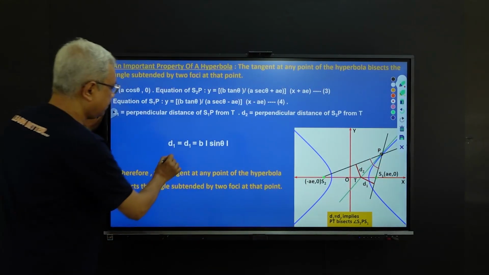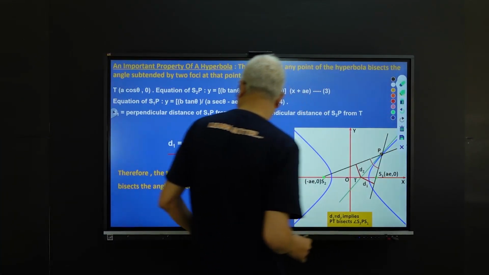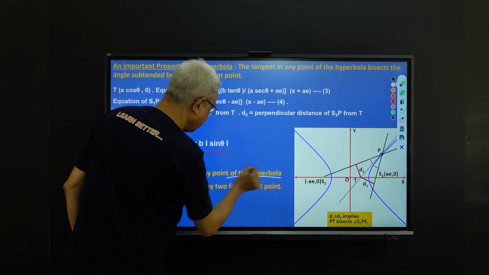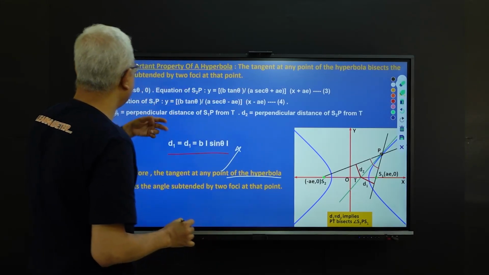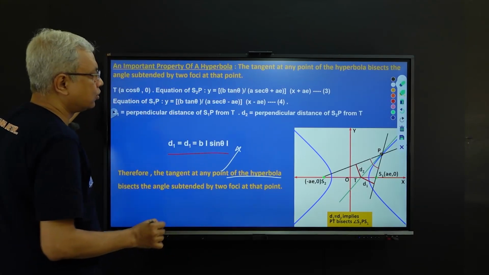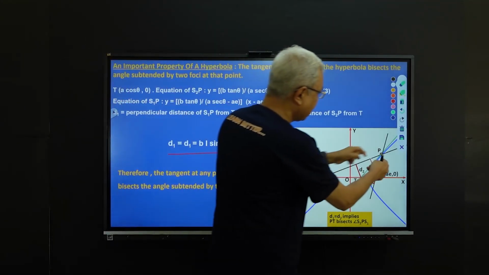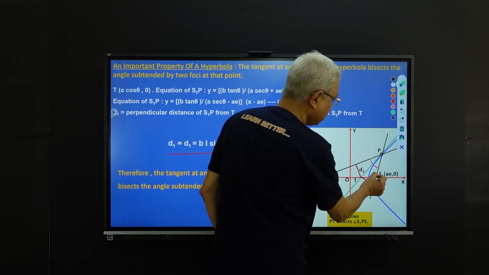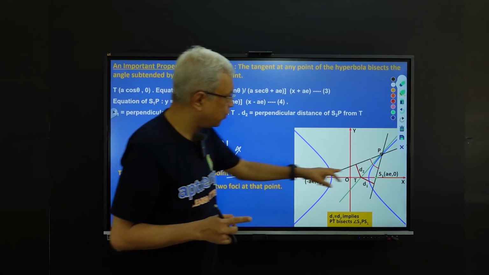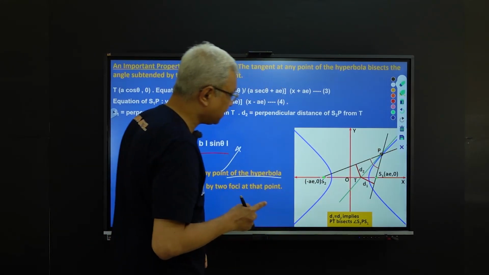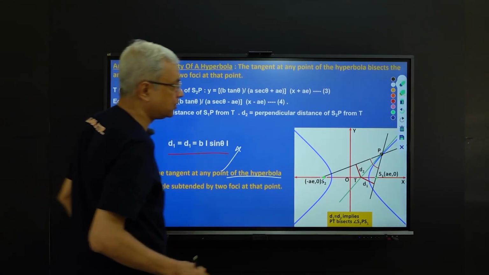That means the tangent at any point of the hyperbola, any point is actually A sec theta, B tan theta, bisects the angle subtended by two foci at that point. So this is one focus, this is another focus. The angle subtended by two foci at the point P is bisected by the tangent at P. So that we have proved because d1 is equal to d2.